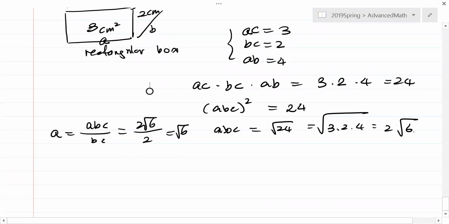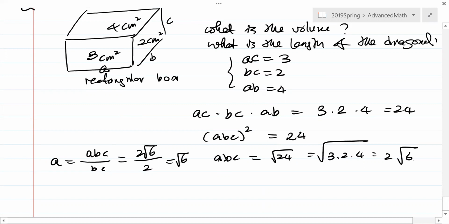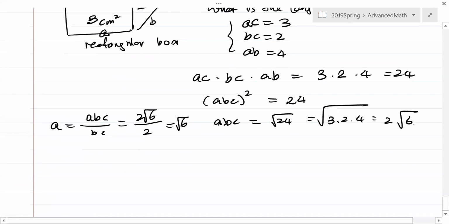But it's a similar idea. If I ask you to find what is the volume and what is the length of the diagonal, then you have to find each side, right? So A is ABC divided by BC, and B is ABC divided by AC.